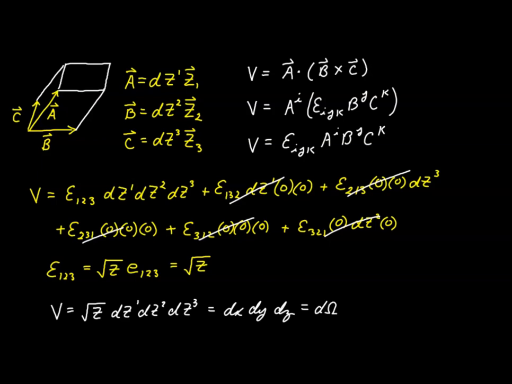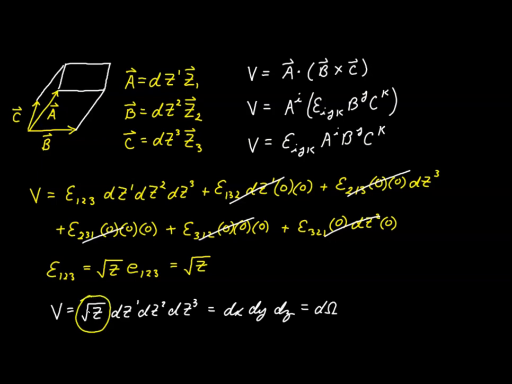So what we now have is an expression. This expression right here is equal to our volume differential. And it is an invariant relationship. It works for every coordinate system. Now, don't miss the fact that this works because of this factor right here.